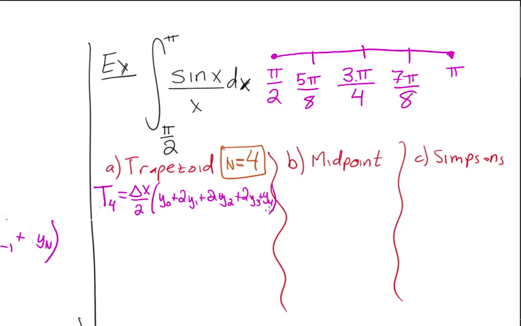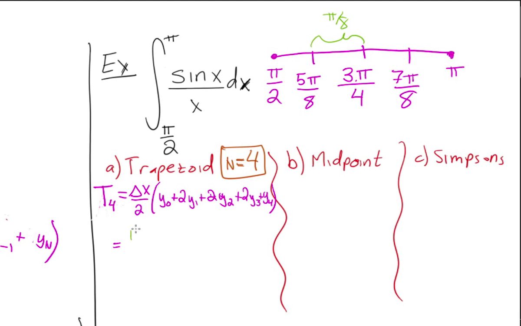Right? Okay, so this is equal to, so what is delta x? Delta x is the width of your interval, right? Which is pi over 8. Ooh, wow, okay.